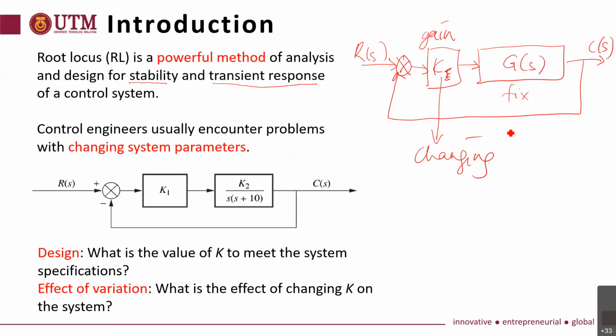What is the best K to get 10% overshoot? Or I want the system to operate with settling time 1 second. We need to find K, the best K, to give 1 second settling time. Or in some cases, we want both. We want settling time 1 second, we want overshoot 10%. Can we get K that can achieve both criteria?